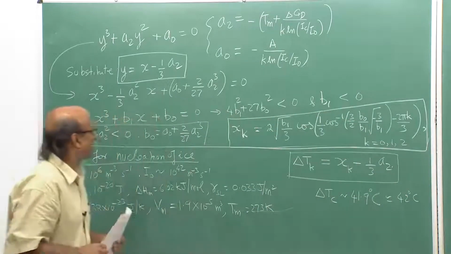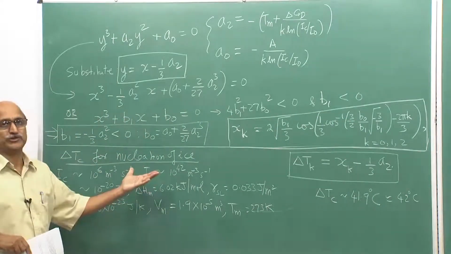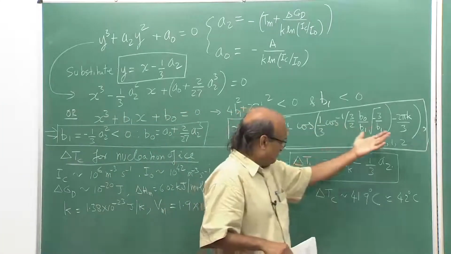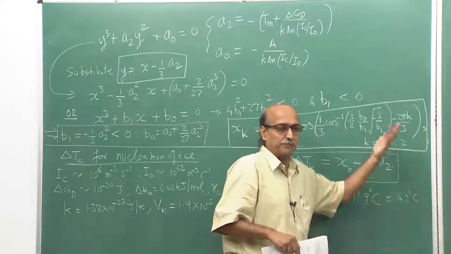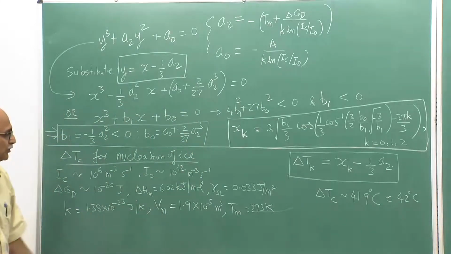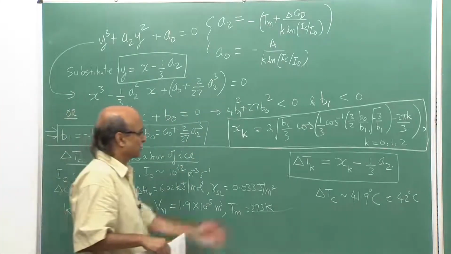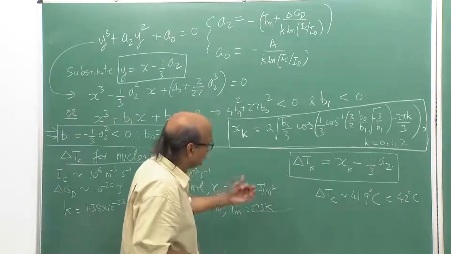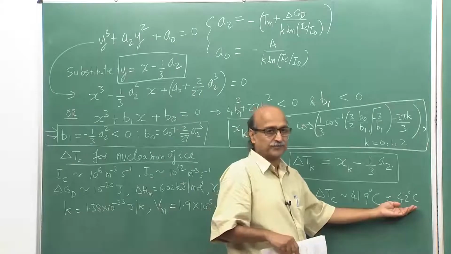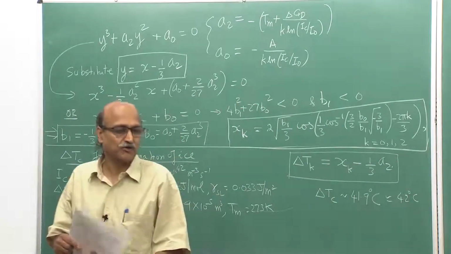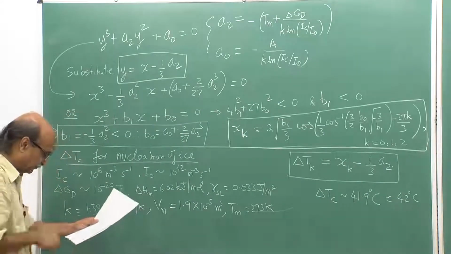Therefore, for ice to nucleate homogeneously, I have to go down 42 degrees below the melting point or 42 degrees below 0 degrees centigrade for it to nucleate homogeneously. So, you have to have a huge undercooling for homogeneous nucleation of ice in water.